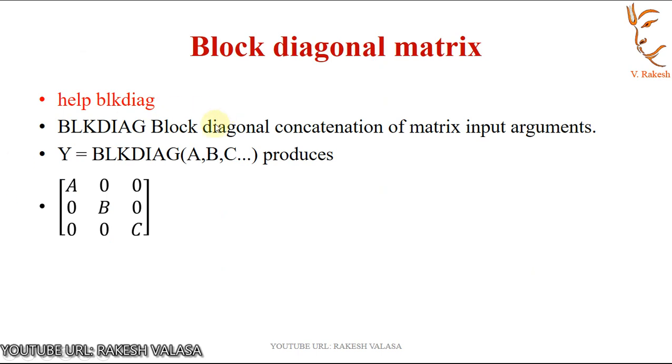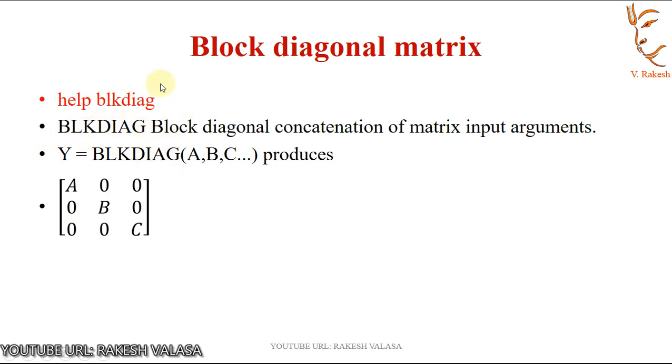Next one is block diagonal matrix. If you want the details about block diagonal matrix, you can type in the command window, help blkdiag. In the command window, it displays the clear details about block diagonal matrix.